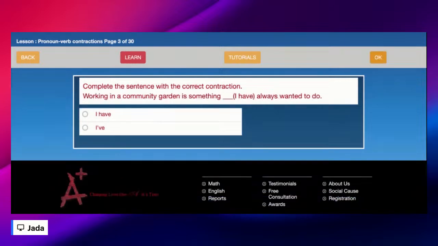Next: working in a community garden is something I have always wanted to do. Which is the right contraction here?